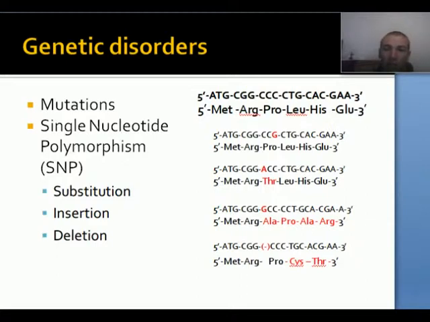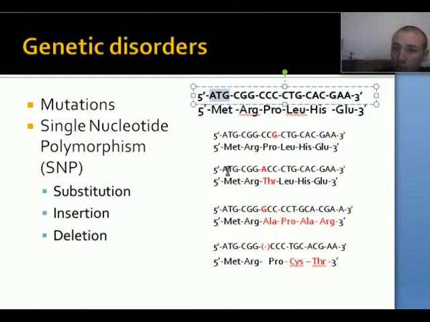What do you think could happen if we have one SNP within a gene? For example, let's see here. We have the beginning of a gene, the part that could be translated.